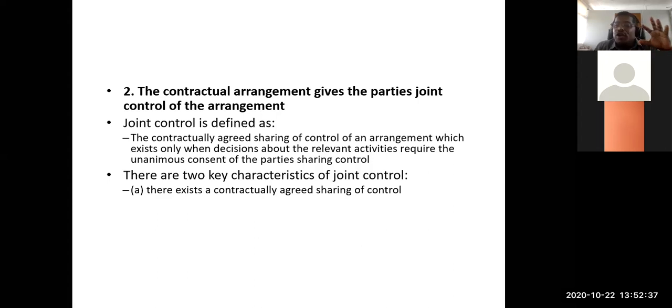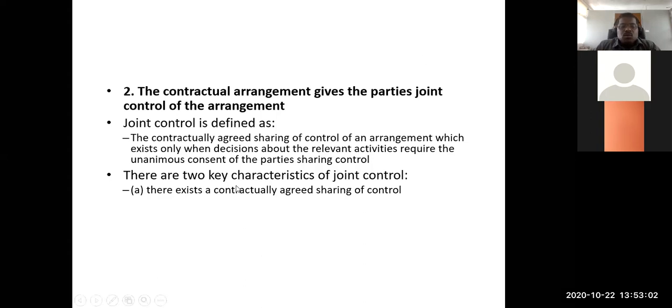Then it is not joint control. It is not a joint arrangement. What I am telling you is that all the parties involved in the joint arrangement should control jointly. That means unanimous consent of the parties sharing control is important.